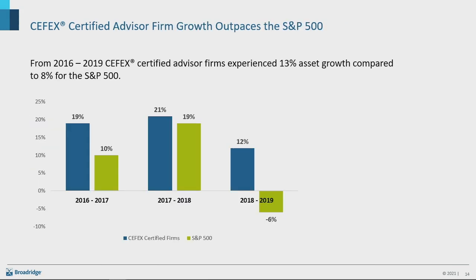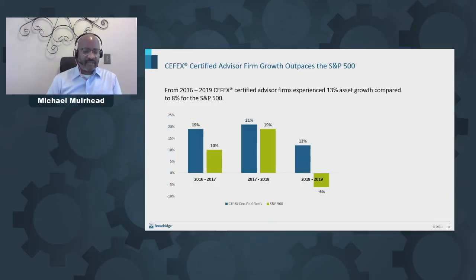So here, we just wanted to give you a little bit of a sense of the growth rate for these CEFEX firms. As you can see, in the 1 year period between 2018 and 19, the growth rate for the CEFEX firms was about 12% versus a -6 for the S&P 500.